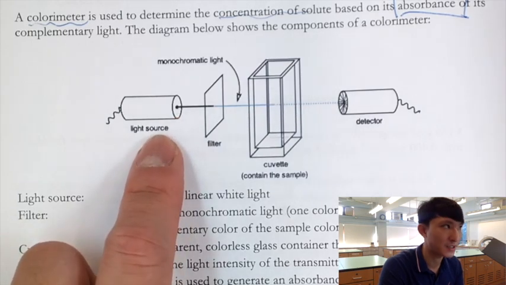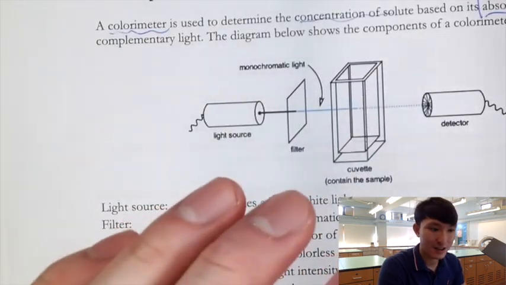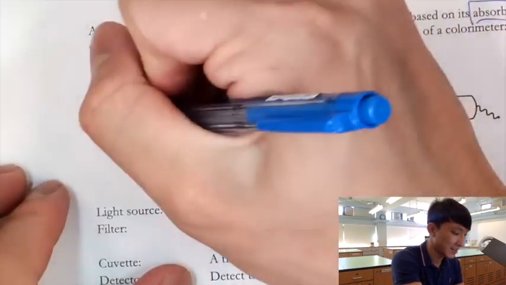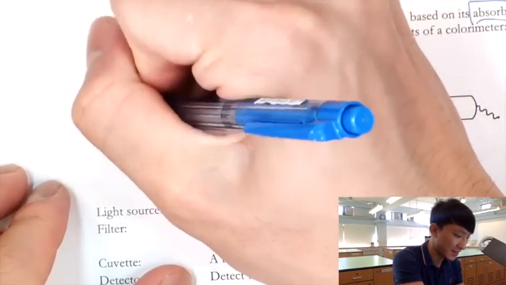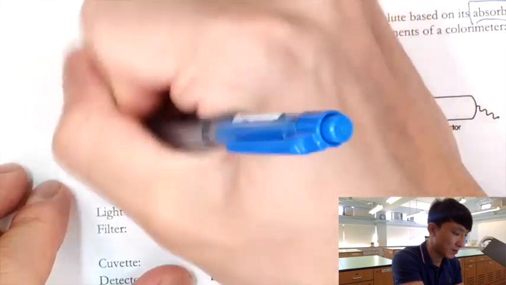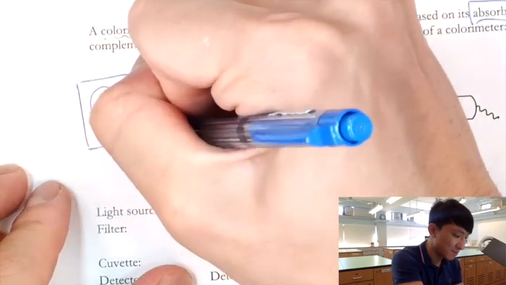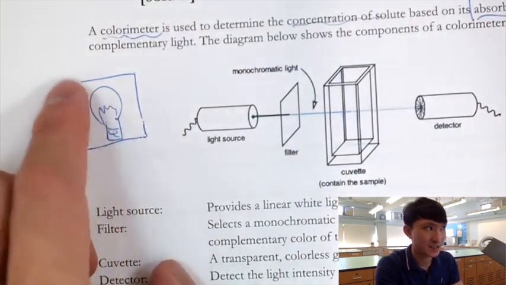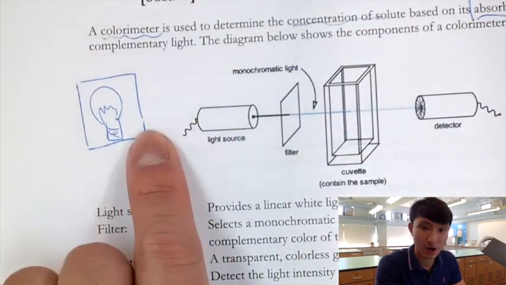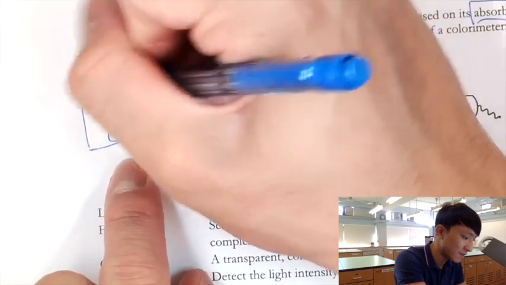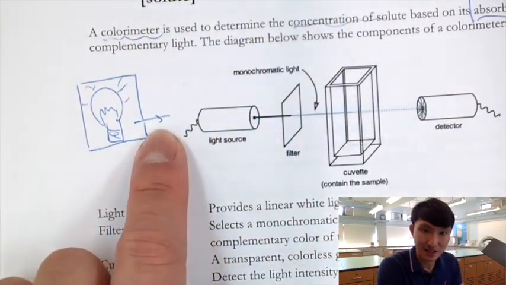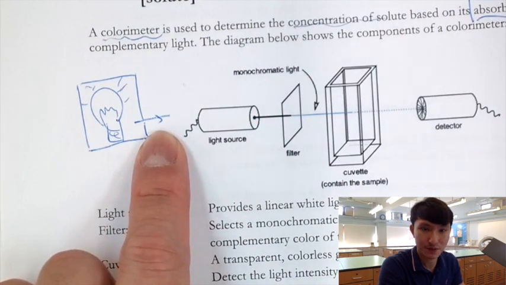But if you do not have it, a very primitive way of doing this is, let's say you have a light bulb, and then basically you put it into a box, but you poke a hole here, right? And let's just say this is a black box, and you poke a hole here. So when they light up, then obviously you will have a linear white light source.